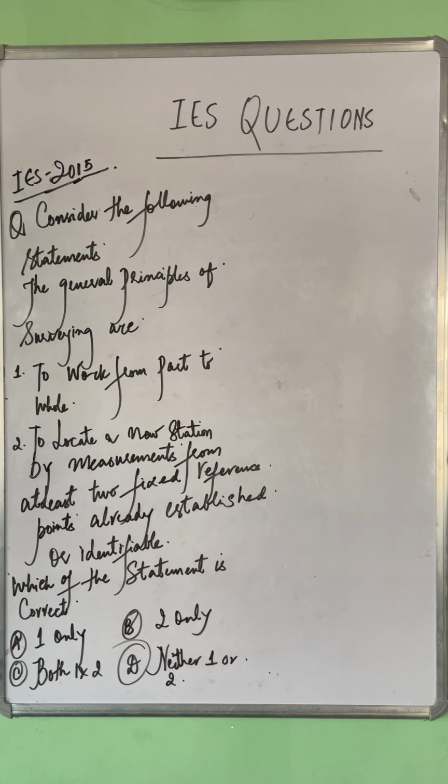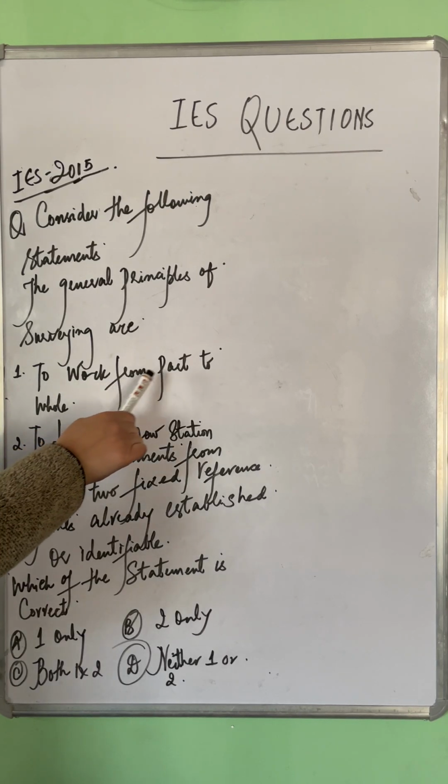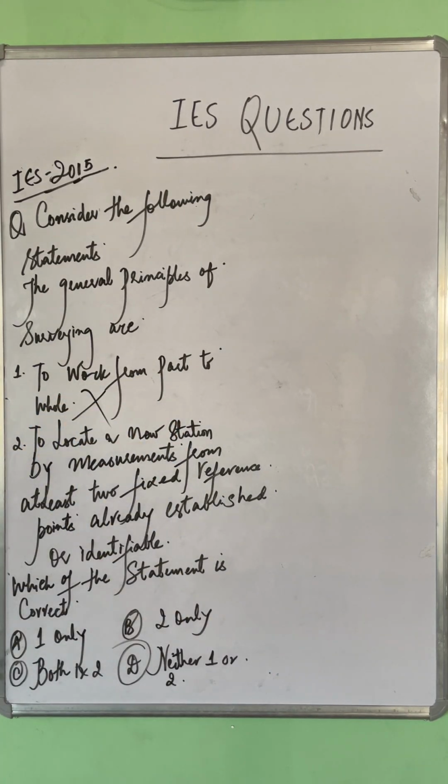We know that to work from part to whole is not the principle of surveying, because the general principle of surveying to minimize errors is that we have to work from whole to part, not from part to whole. So this statement is wrong. The second statement, to locate a new station by measurements from at least two fixed reference points already established or identifiable, is correct, because this is the general principle of surveying.